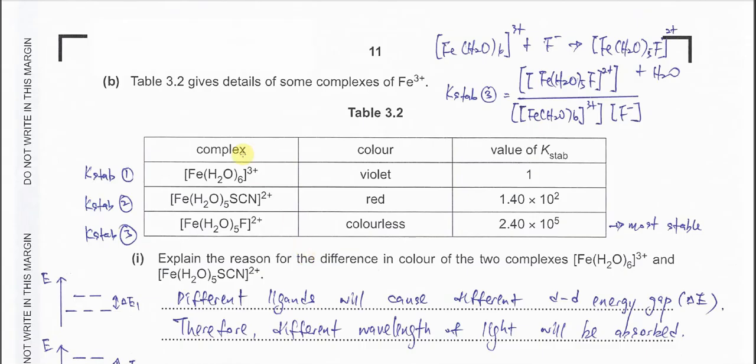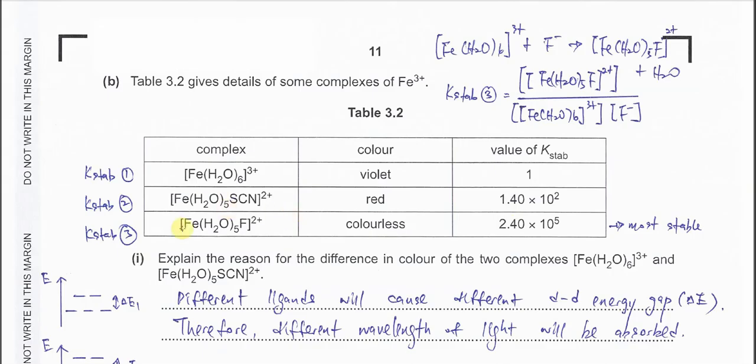Okay, part B. Table 3.2 gives some details about this iron 3. It's about K step. The hexaaqua iron 3, the K step is 1. In this second complex, the K step is 1.4 times 10 to the power 2.